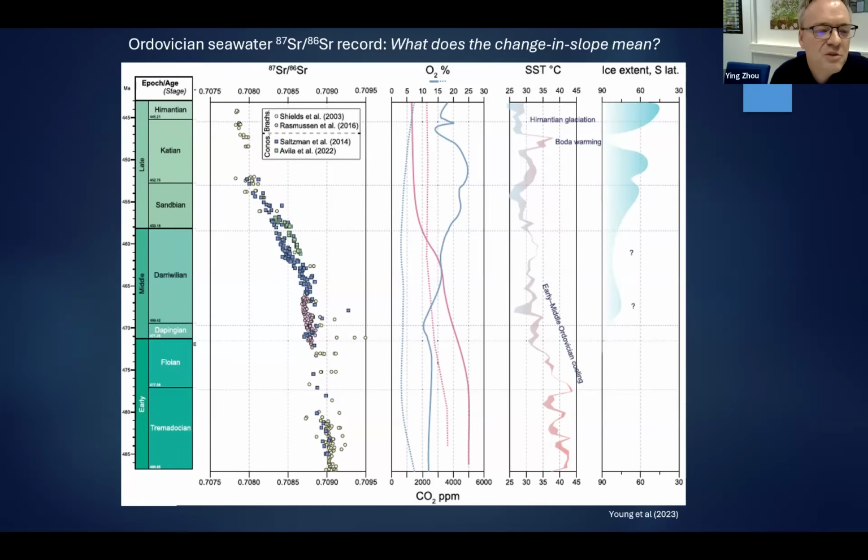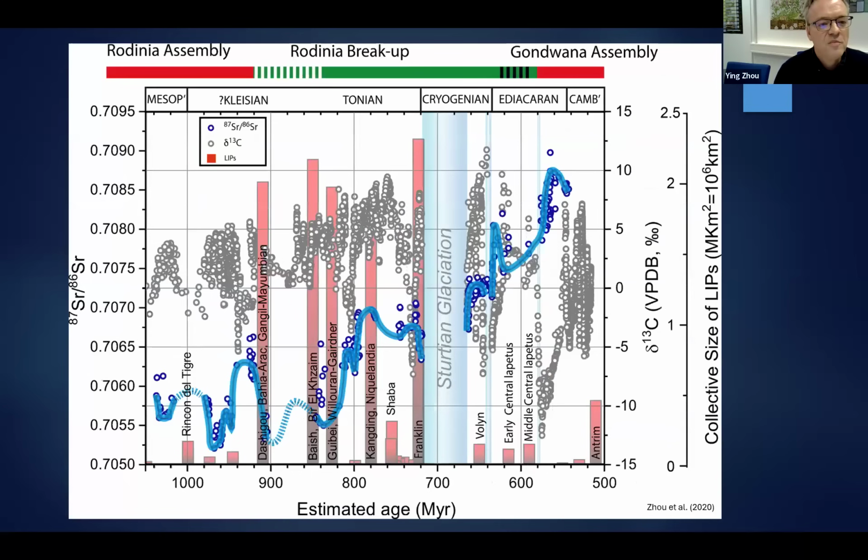And that's part of the ambiguity of strontium isotope ratios: even though we have a clear change at a clear moment in time, it's very difficult to know whether that is a decrease in weathering rate, a weathering of a less radiogenic source, or something to do with seafloor spreading. And it's very hard to tell the difference.